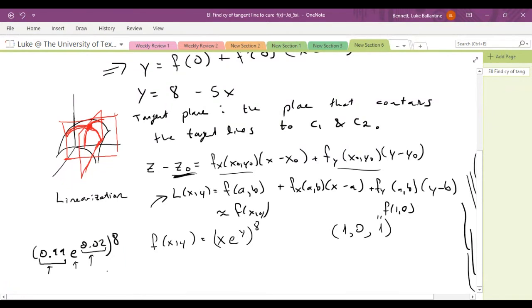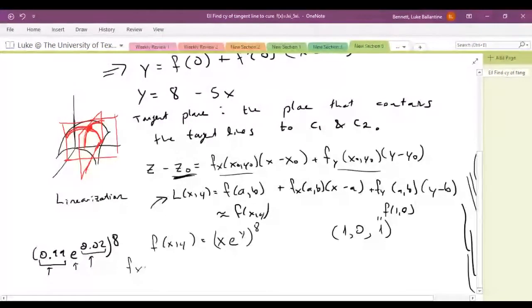So what do we need? We need the partials, and then we just need to plug it into either the tangent plane formula or this linearization formula. They're the same. So let's calculate the partial of f with respect to x.